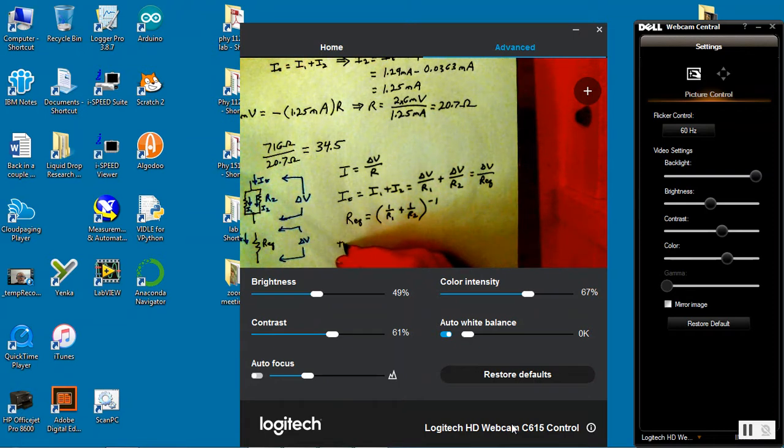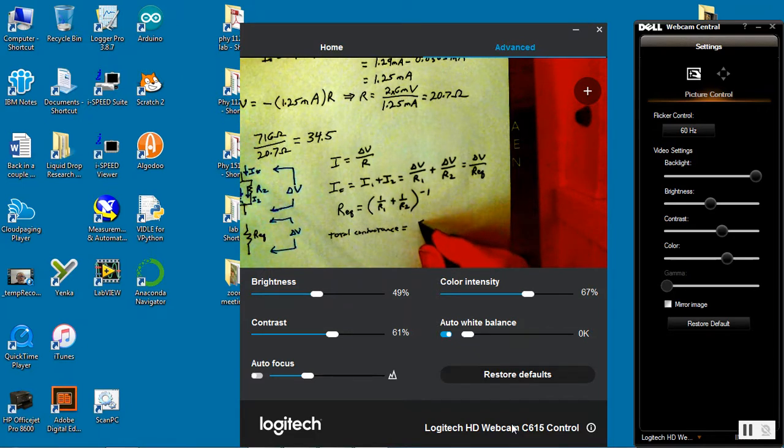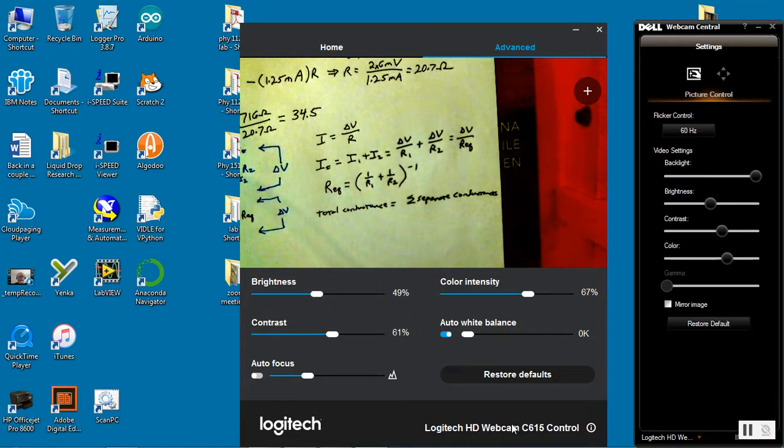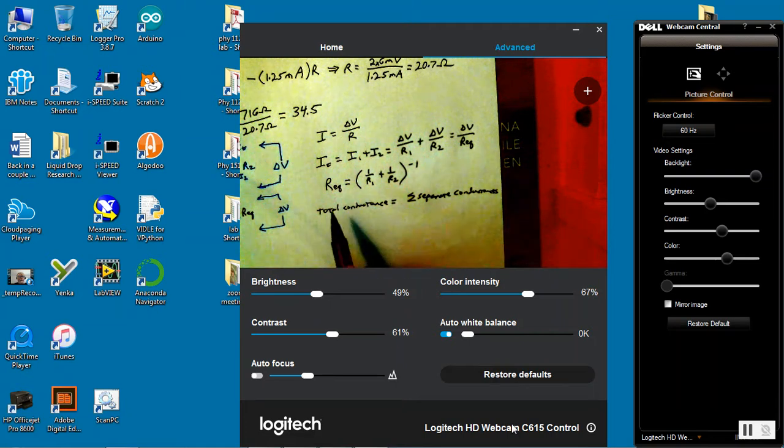Essentially what you're saying is that the total conductance equals adding up the separate conductances, which makes sense. It's kind of like the continuity equation. You have certain conductance coming in, that's the sum of the conductances coming out. What's coming in equals what's coming out. So we can use that as a quick check on what we've done.